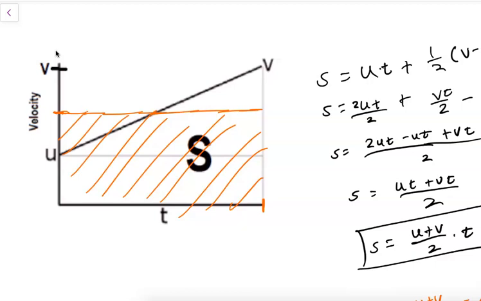And this triangle that is not inside of the area S is found on the opposite side. It's like moving this triangle right there, and then you have this average velocity times time. It's uniform acceleration, which means acceleration is constant, so this is why we can do this.